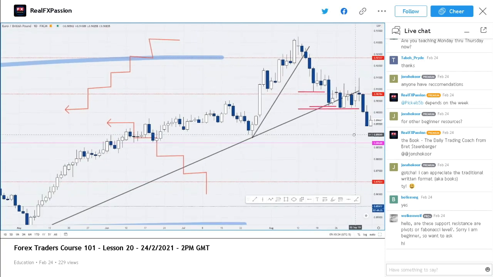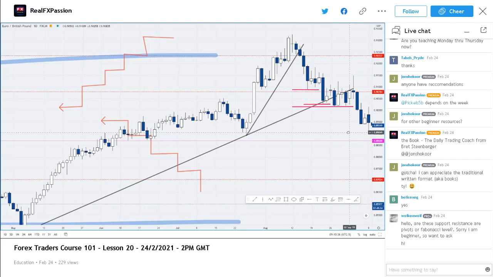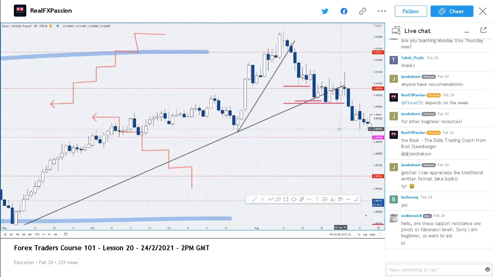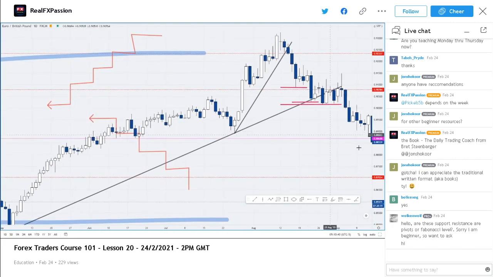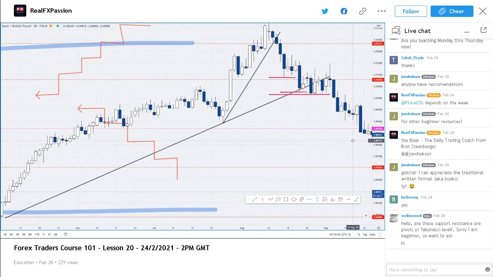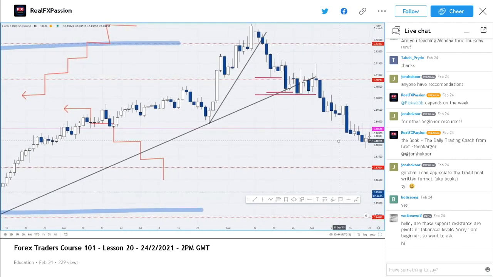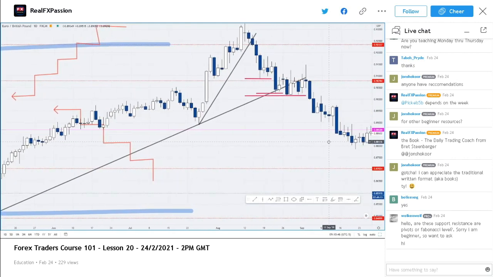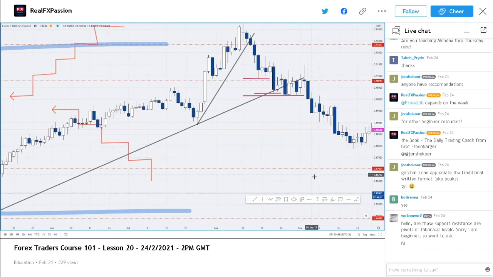No? Okay, great. So the market is falling down, and I have a bullish candle going down. So we have the retracement, finally.